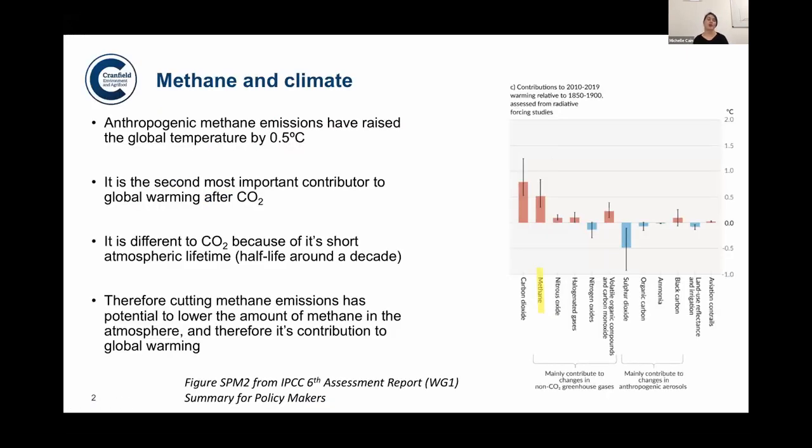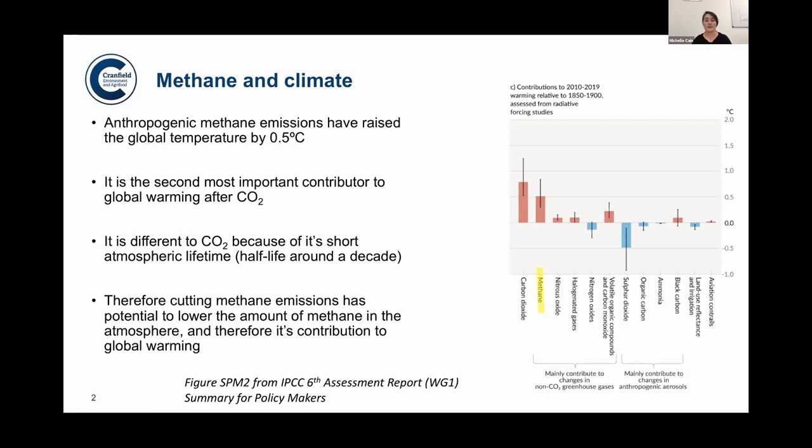So to start with, I thought I'd just show broadly methane's impact on the climate. So not specifically agricultural methane, but all methane emissions from anthropogenic sources. This figure is from the recent IPCC assessment report, the 6th assessment report, Working Group 1.